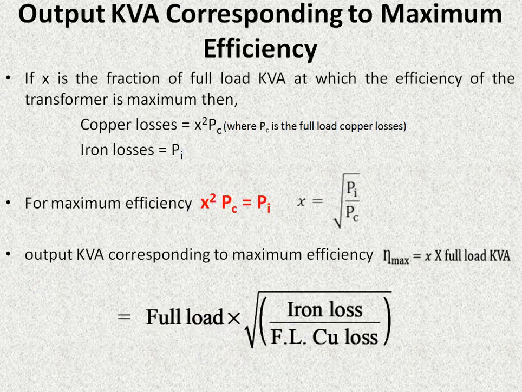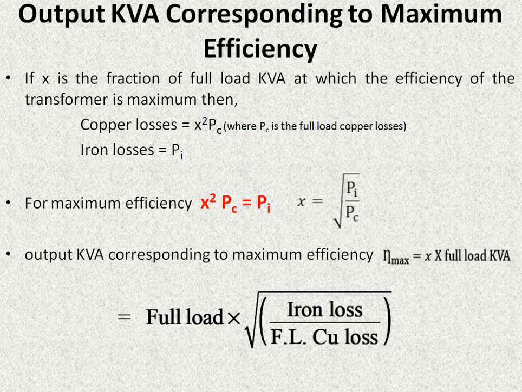Suppose the maximum efficiency condition is occurring at say 3 by 4th of the full load kVA, or else I will give you another example. Suppose the transformer rated kVA is 100 kVA and its maximum efficiency condition is occurring at 75% of the full load condition, that is 3 by 4th, that is 75 kVA, and the copper loss at full load kVA, that is 100 kVA, is 10 watts.